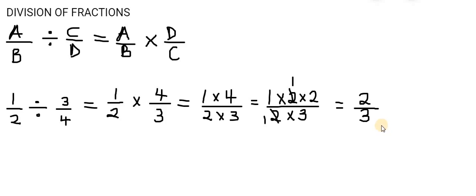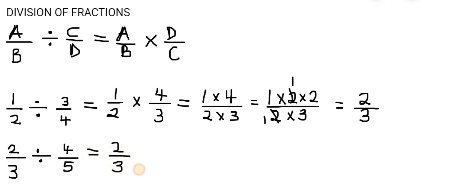Okay, next example, 2 over 3 divided by 4 over 5. Once again, that's 2 over 3, change to a multiplication sign, flip the second fraction.